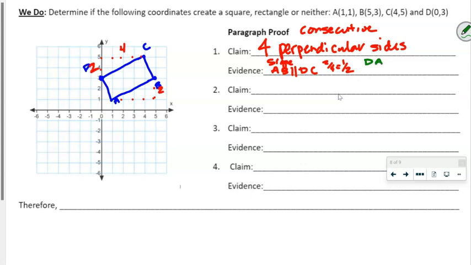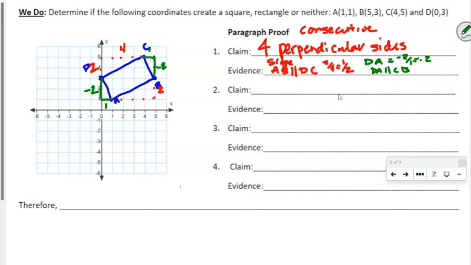Okay, DA, 1, 2 down, and 1 over, right? 2 down, 1 over. So DA is equal to 2 down, 1 over. Isn't that negative 2? Okay, over here as well. We're going 1, start here 1, 2 down, right? 1 over. So there we go again. So DA is parallel to CB, right?